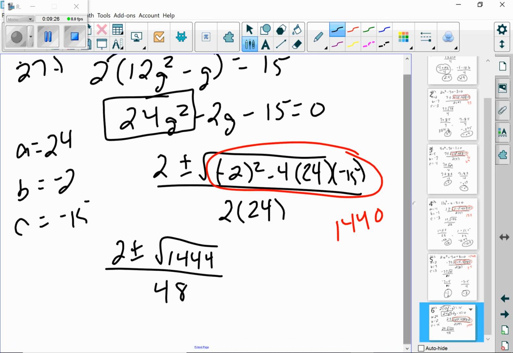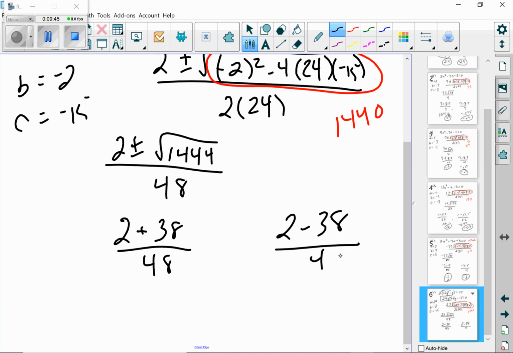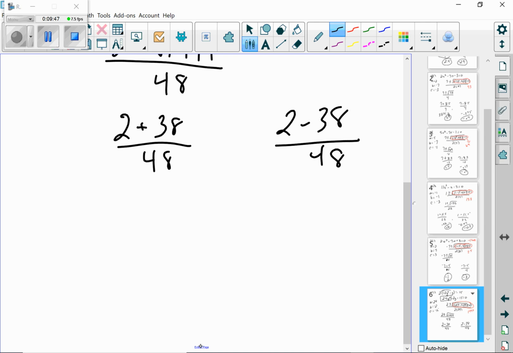And when I grabbed the calculator and keyed in the square root of 1,444, I get 38. All right, so I got 2 plus 38 over 48, and 2 minus 38 over 48, which actually works out to be pretty good answers as well.